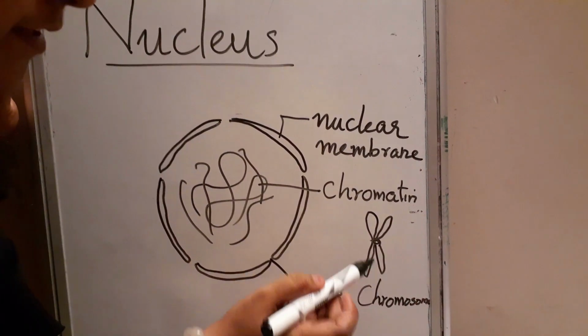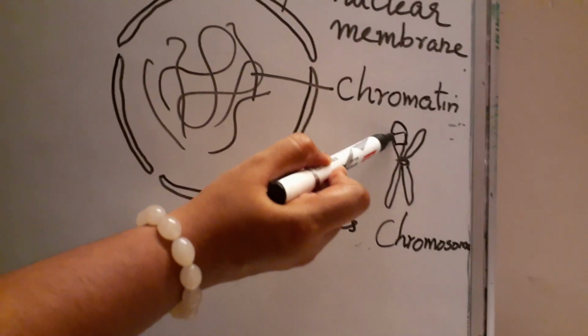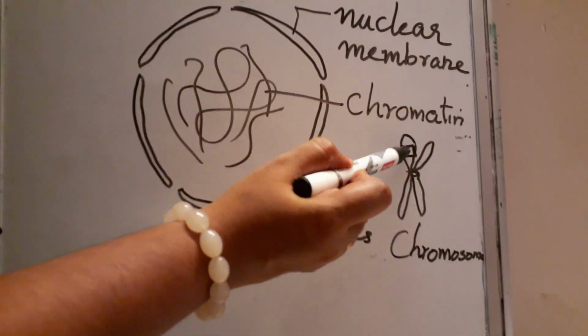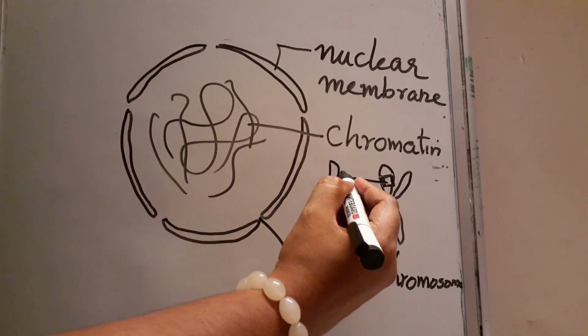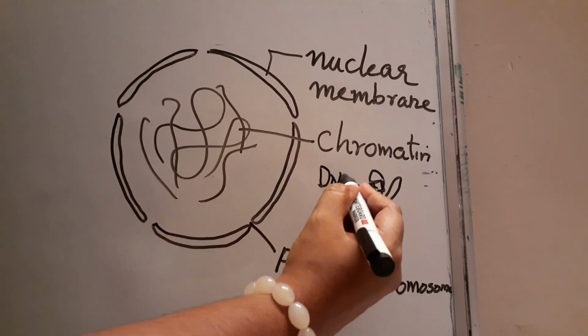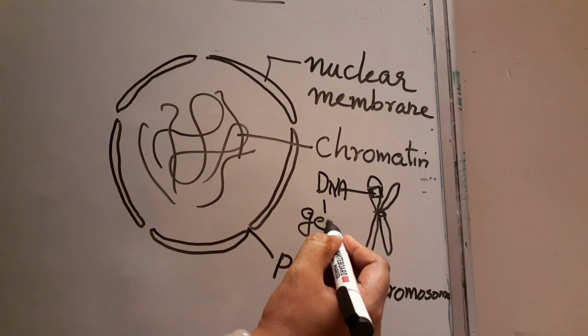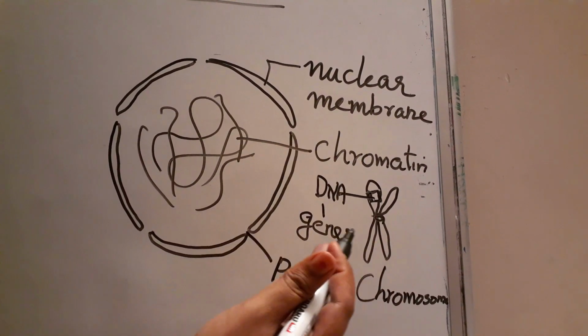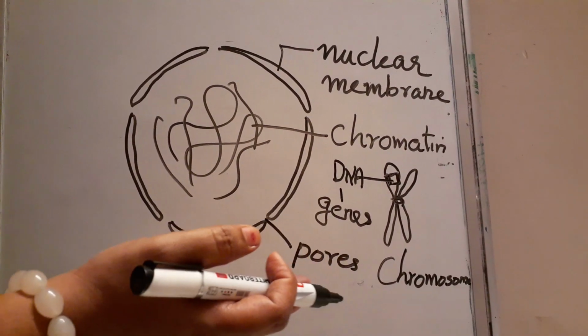In this chromosome, we can see some segments. That is known as the DNA. DNA contains genes. These genes are the genetic material which is transferred from parent to offspring.